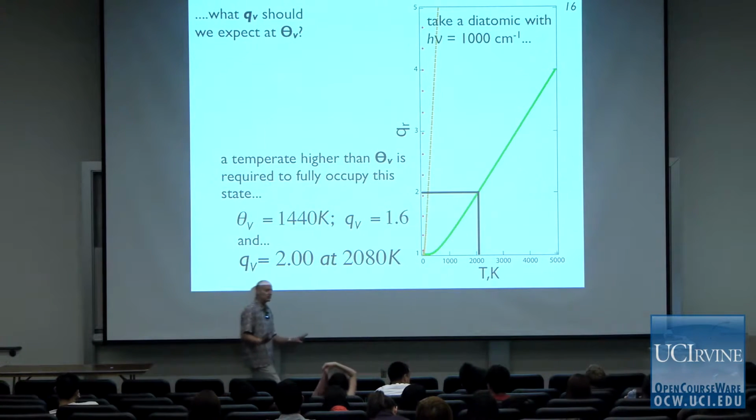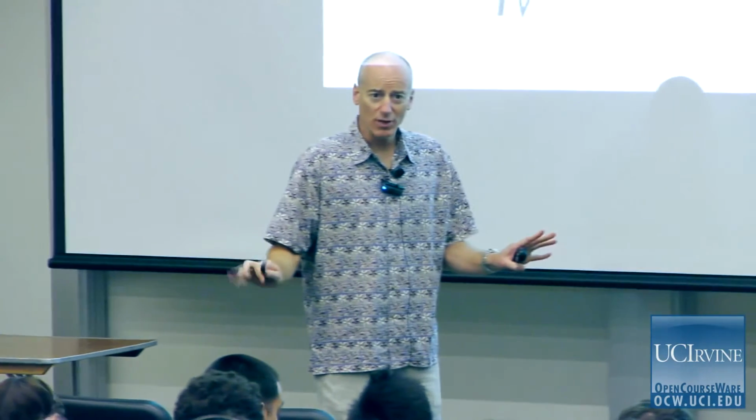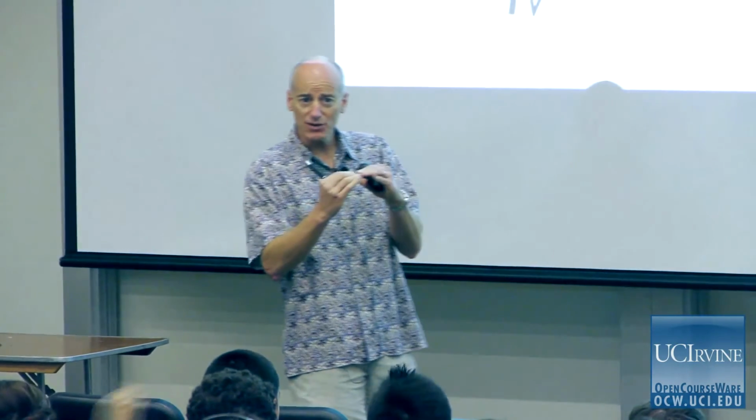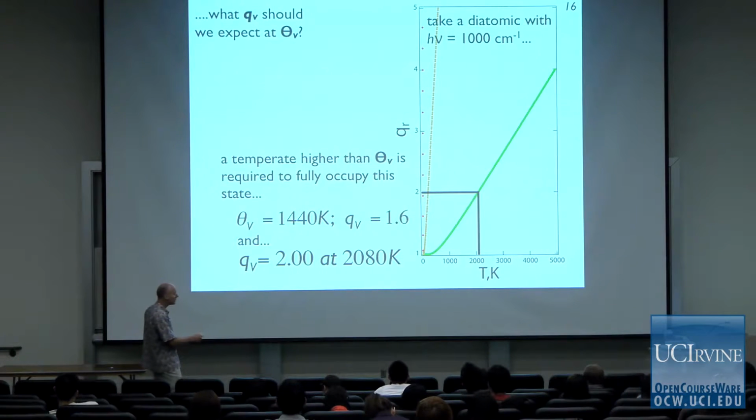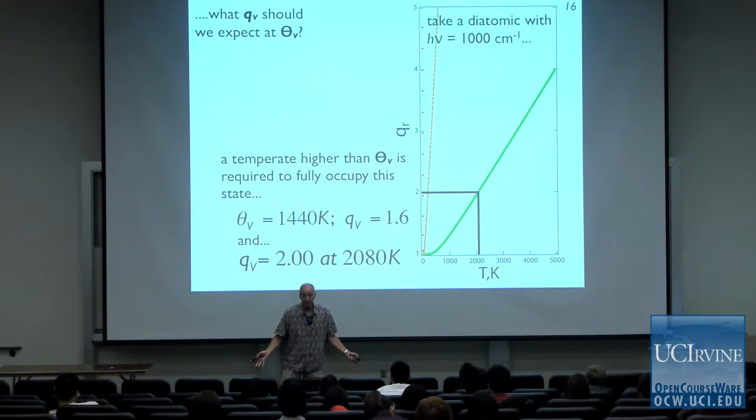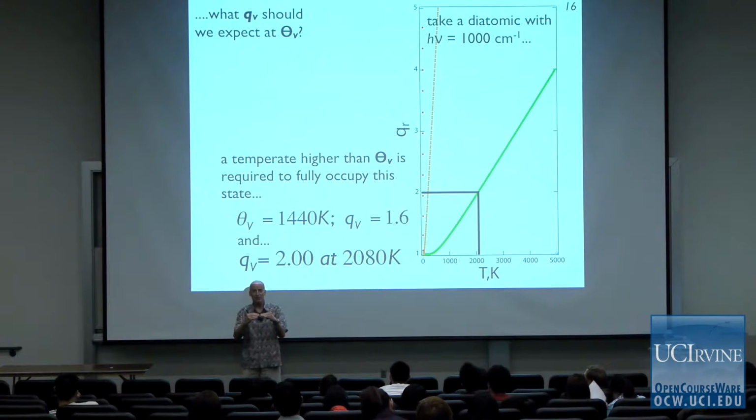Okay, so that's the intuition we want to have. If the temperature equals the characteristic vibrational temperature, we're going to expect the partition function to be 1.6, 1.5. That's just the way the partition function works. It's counterintuitive. Your intuition would tell you that if you get to this characteristic vibrational temperature, then that first excited state should be fully accessible.